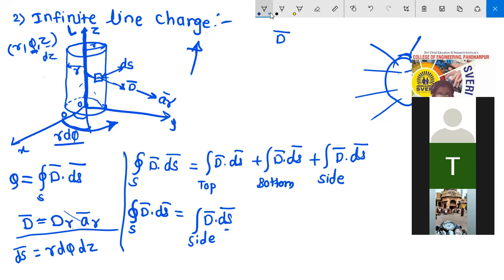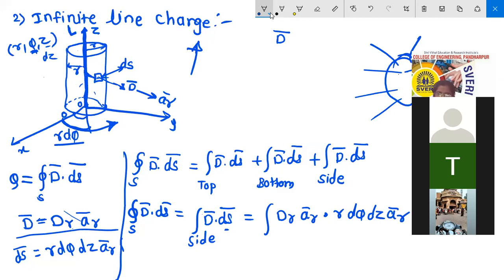Now this is your vector quantity. But r is equal to constant, meaning r is perpendicular here, right? So the unit vector is a bar r. Therefore, it is equal to the integration of D bar dot dS bar. So what is D bar? D bar is D_r a bar r, dot this dS bar, which is r d phi dz into the unit vector a bar r.